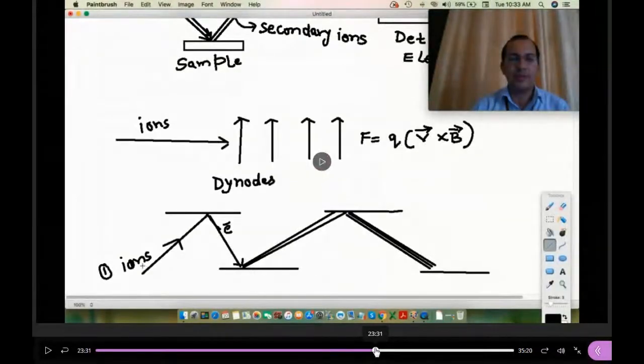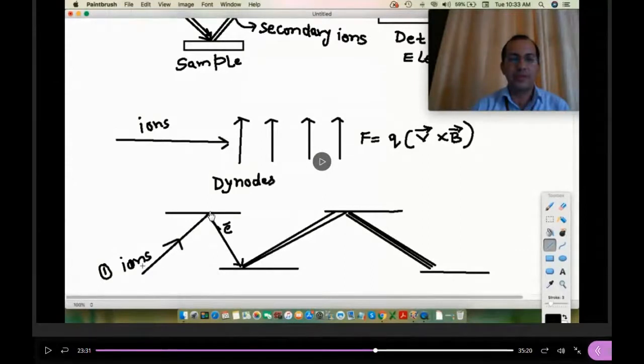Now we also discussed what the diodes are and what would be the possible value of the work function for the diodes. What is work function? Work function is the energy which is required to knock out one electron from the surface of the metal.